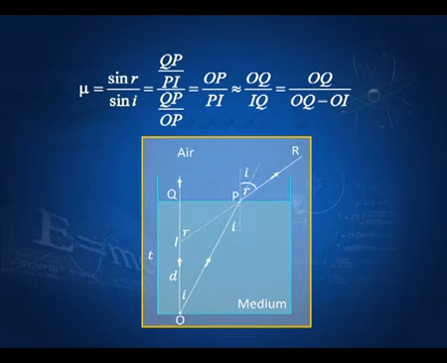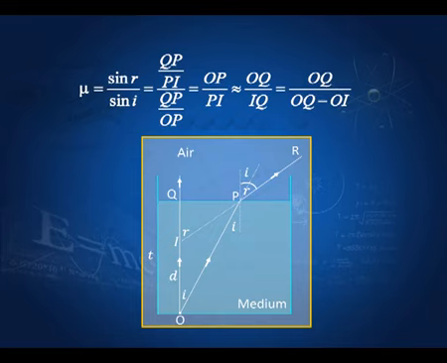Sin R is QP by this, and sin I is QP by this. QP gets cancelled and you get OP by PI, and in the approximation of small angles you can write OP equal to OQ and PI equal to IQ, and IQ is OQ minus OI.